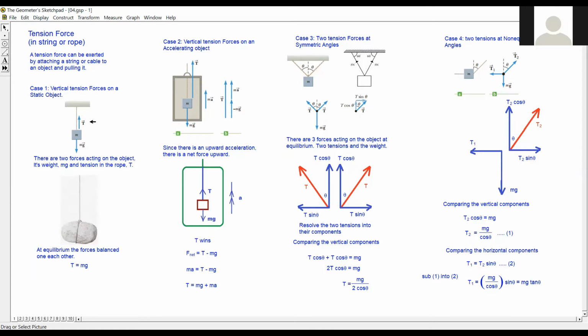We must apply a force, okay? A force by pulling it or hanging a weight onto it. So the string or the rope will straighten. In this way, the force or the weight of the object is transmitted along the rope or the string to the other end.